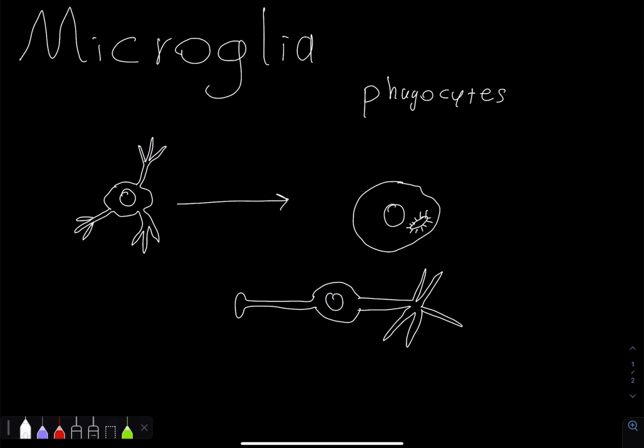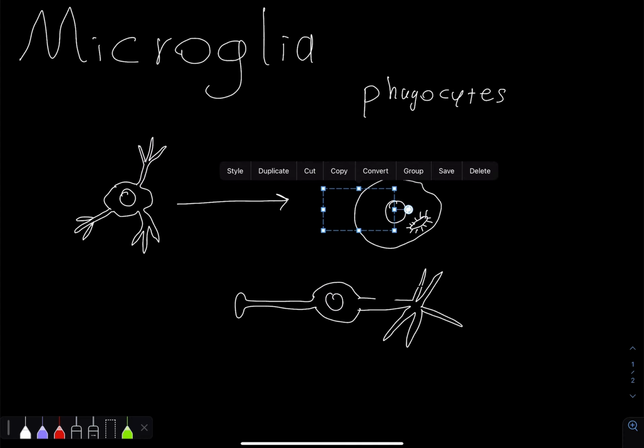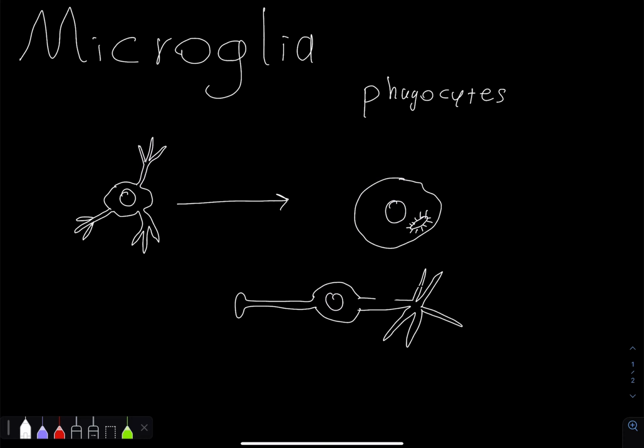Let's say there's a little damage on it, say it's broken, a bit of damage on the dendrites. If any cell shows any sign of weakness or damage, these microglia are going to come in and also engulf it. They're going to just destroy it, eat it, and not allow it to damage other areas.